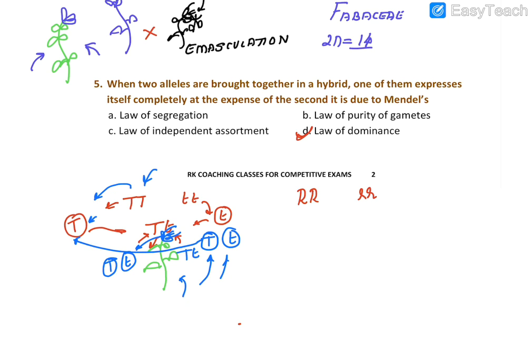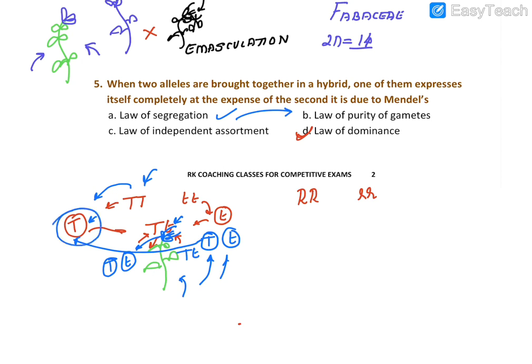That capital T, even though it is present with small t, will not undergo contamination. There is no blending. They separate without blending, then we call it law of segregation. The gametes are exactly similar to the gametes produced in homozygous plants. That's why law of segregation is also called law of purity of gametes.